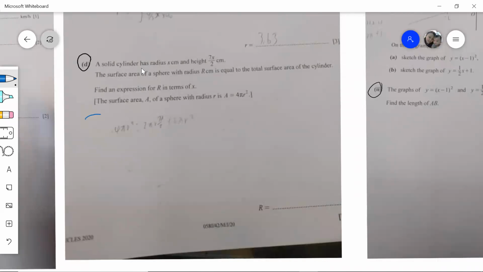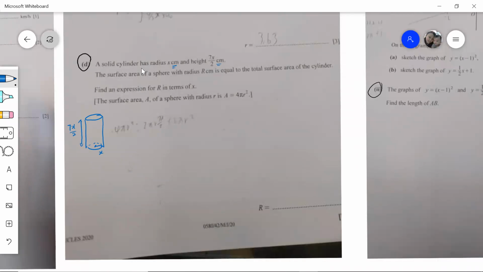So we have a cylinder that has the radius of x and the height of 7x over 2. Everything is in cm.